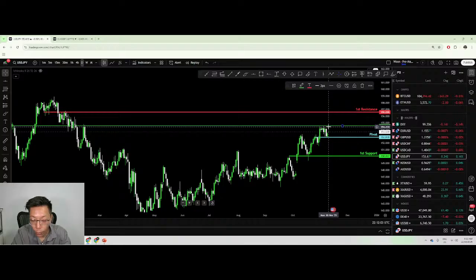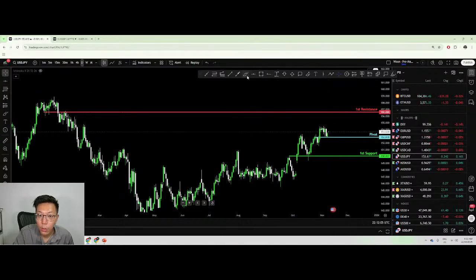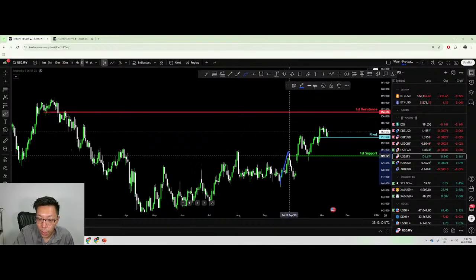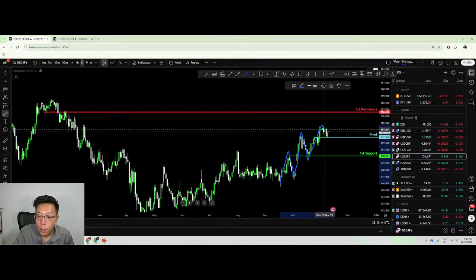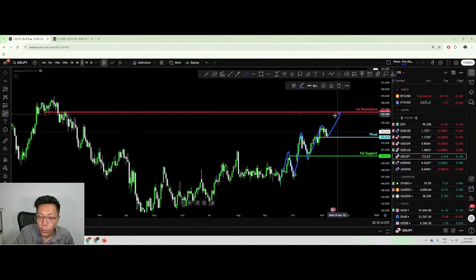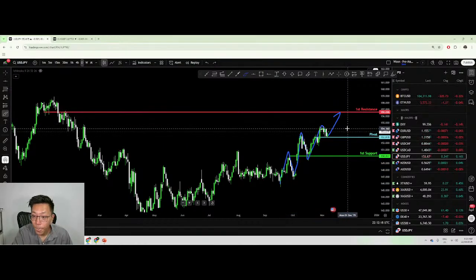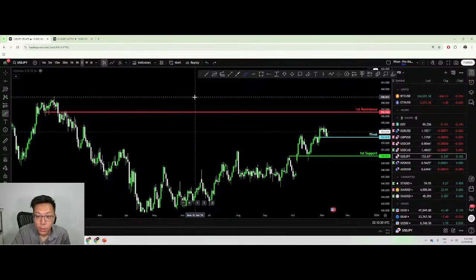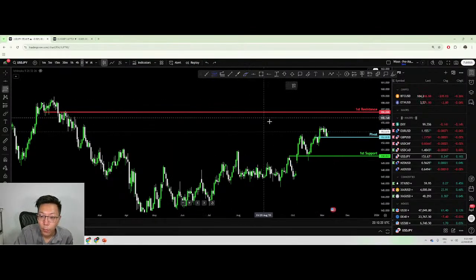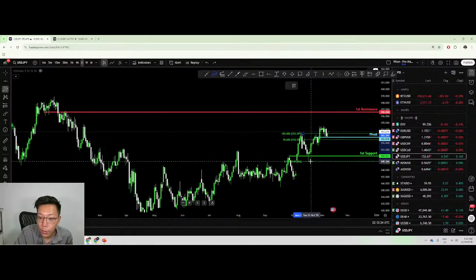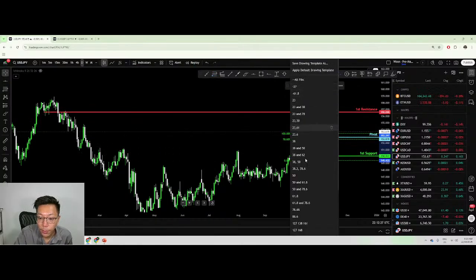If you look at market structure, you can see that we have a higher high, higher low, higher high, higher low, higher high, higher low, potentially forming a higher high. So this is essentially what I am looking at for USD JPY.